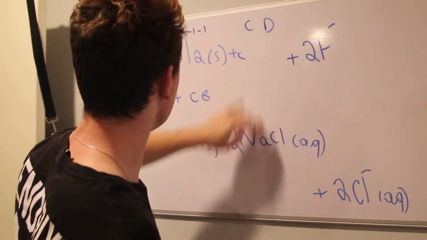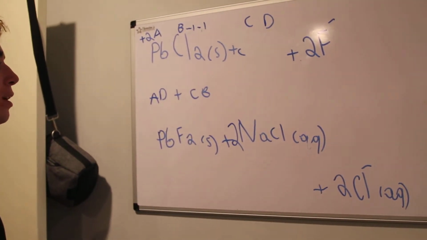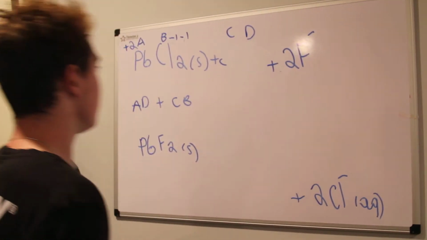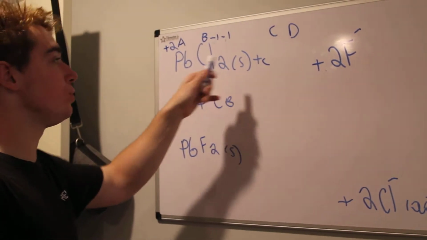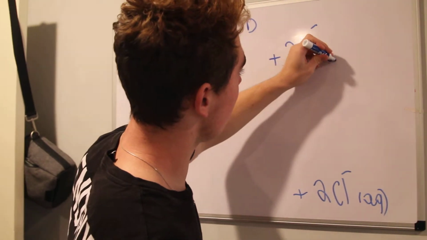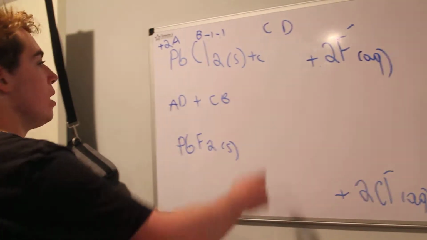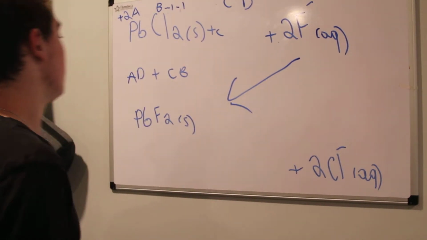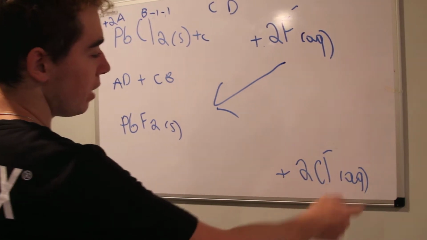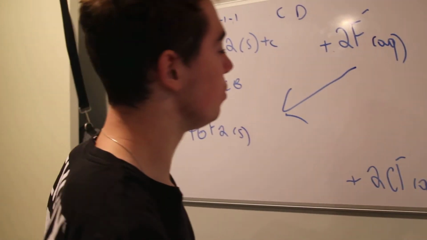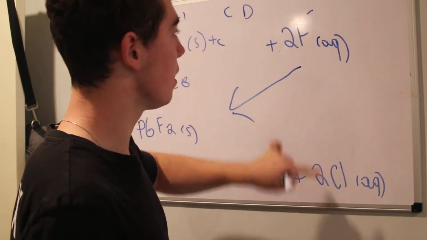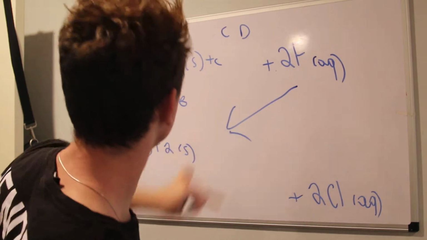Whatever is not gone is our net ionic reaction, which would be PbCl2 solid plus 2F aqueous equals PbF2 solid plus 2Cl aqueous. Make sure you don't write the minus in the net ionic equation. You only write it in the complete ionic to show the charges.